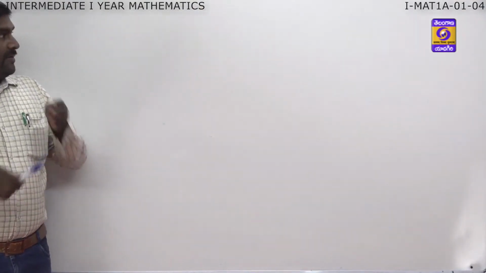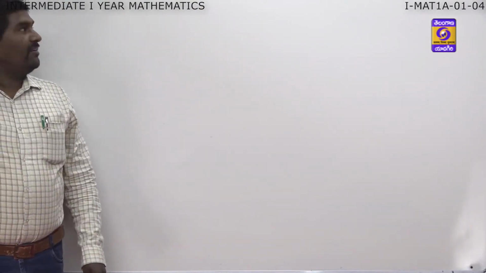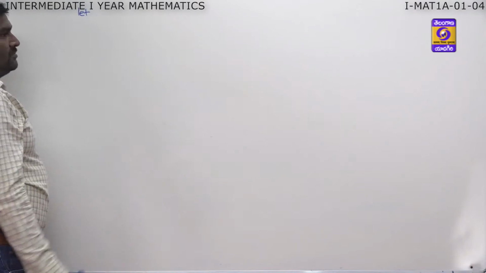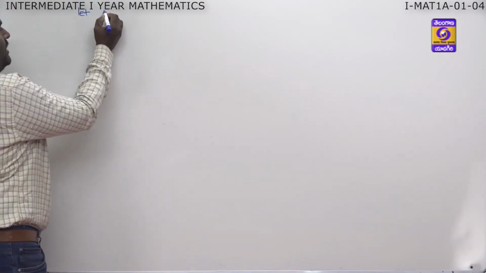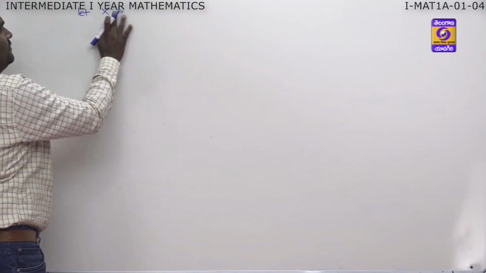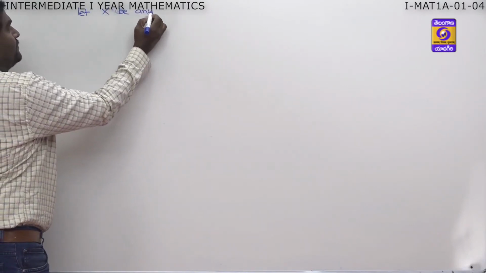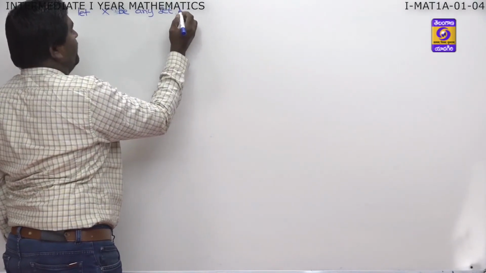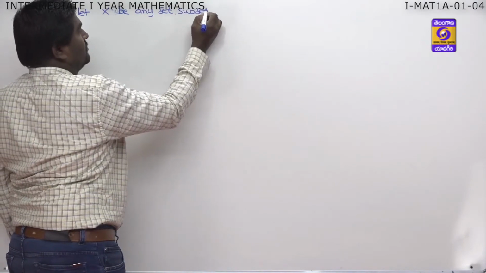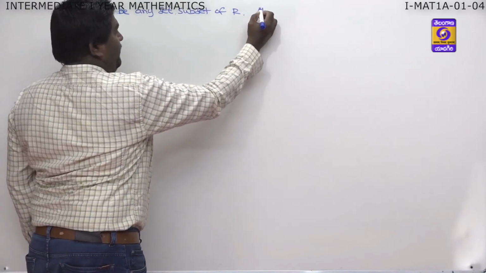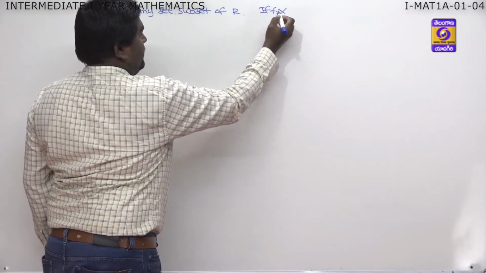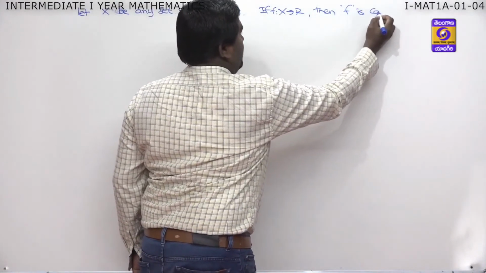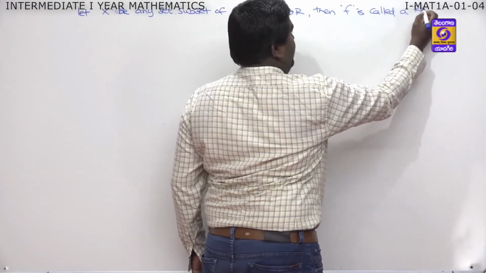We have to learn the concept of real value function. Let x be any set, f is any subset of R. If f maps x to R, then f is called a real value function.